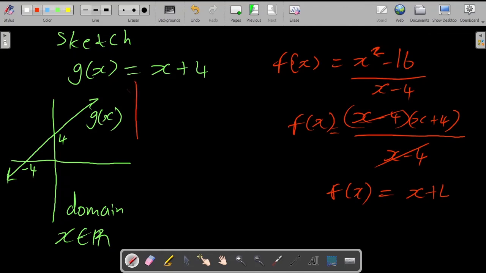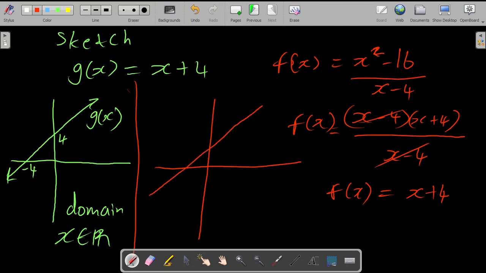But now, if we were to look at this function, the final formula is exactly the same, and we're just about to draw the same thing, but it's essentially wrong if we look at the original thing, because at x equals 4, which is some point over there, we will have division by 0, which is what we're trying to avoid.